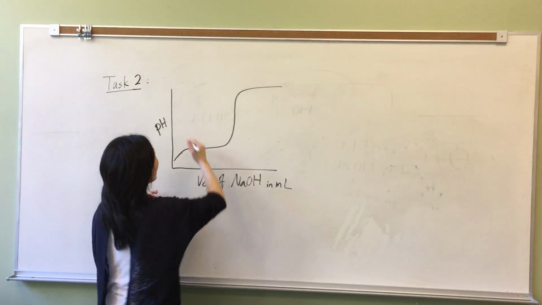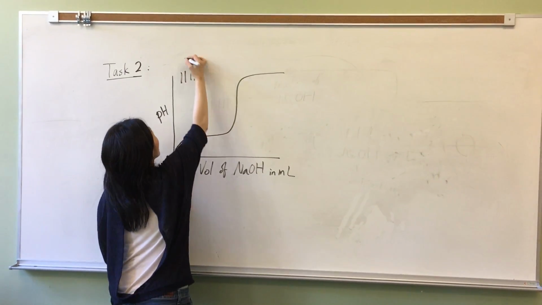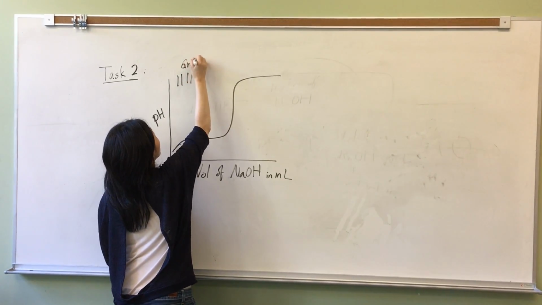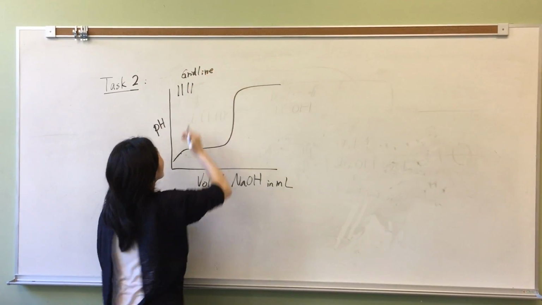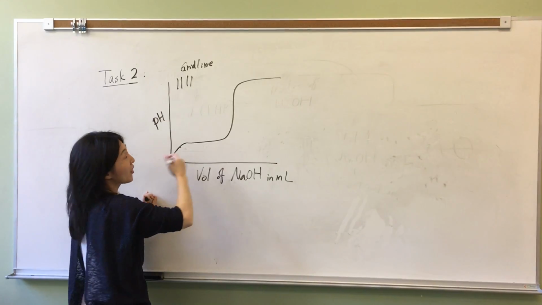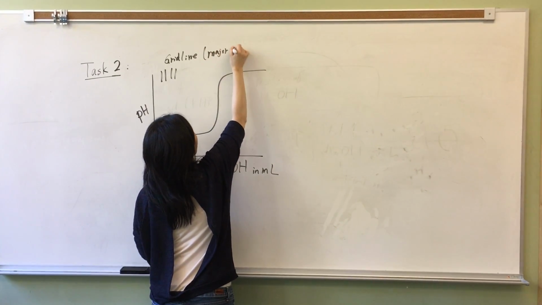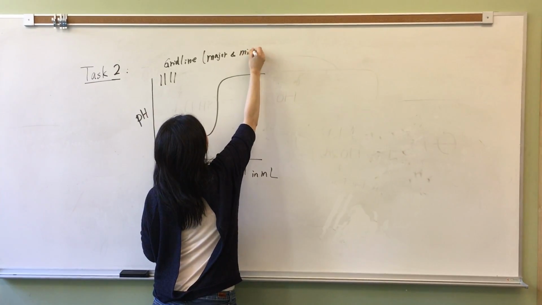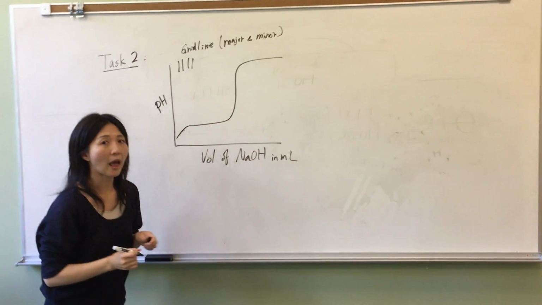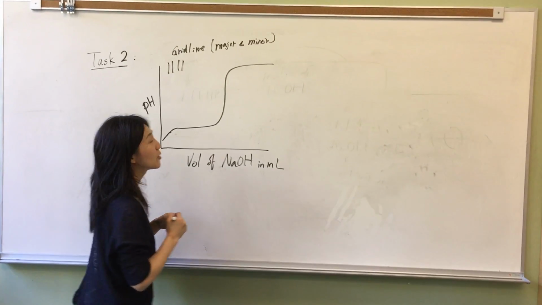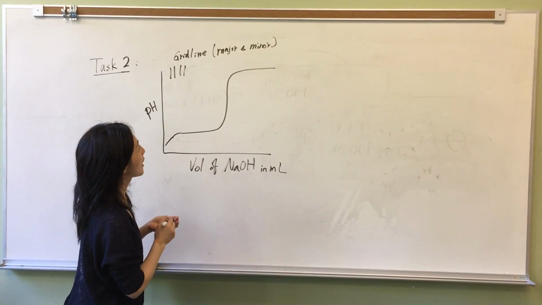Okay? And then also you need to have the grid lines on the horizontal and vertical lines, major and minor. Okay? After that, you are ready to do the data analysis on the graph.